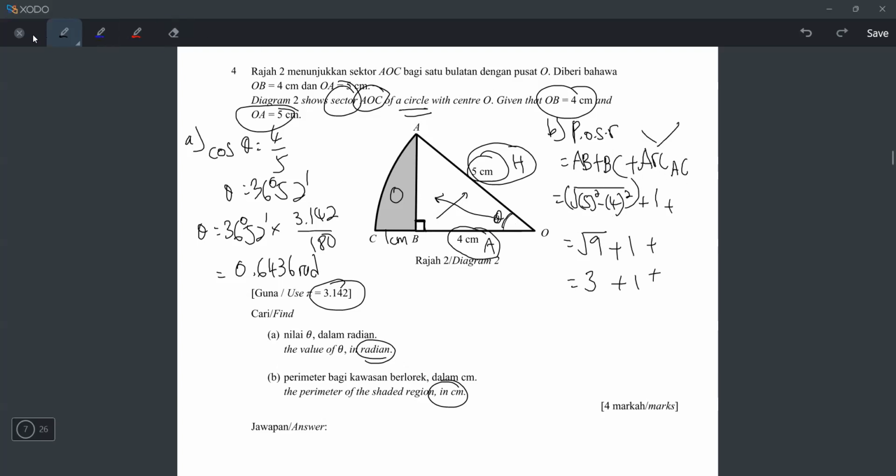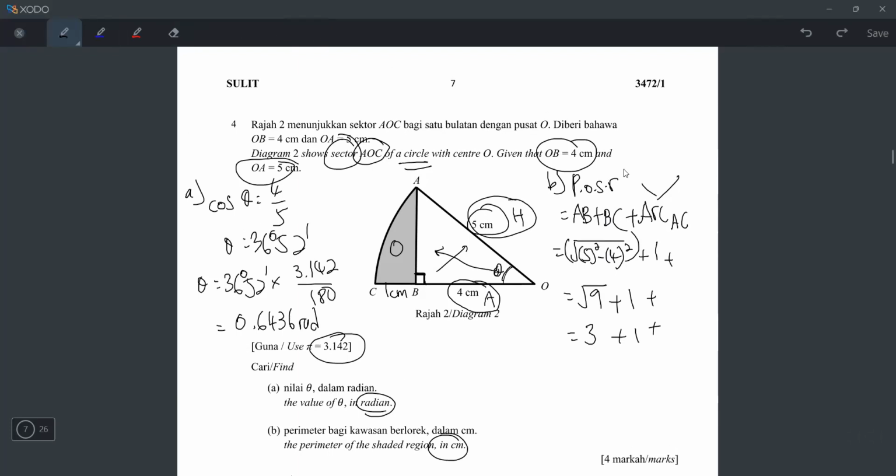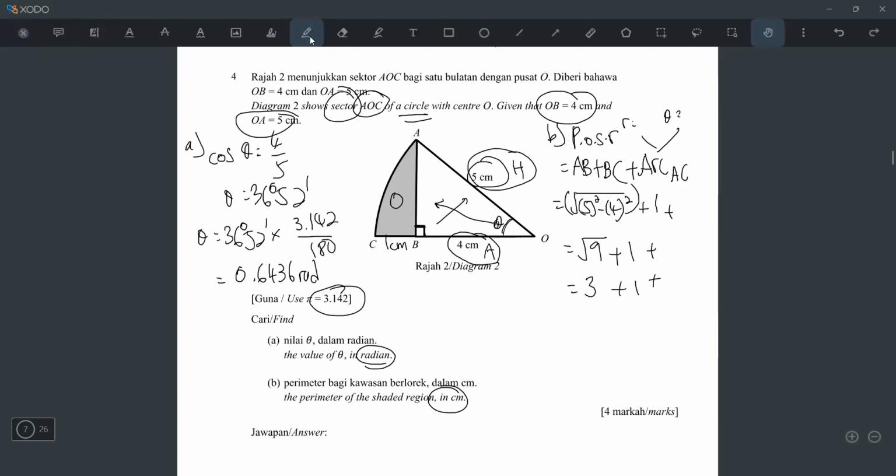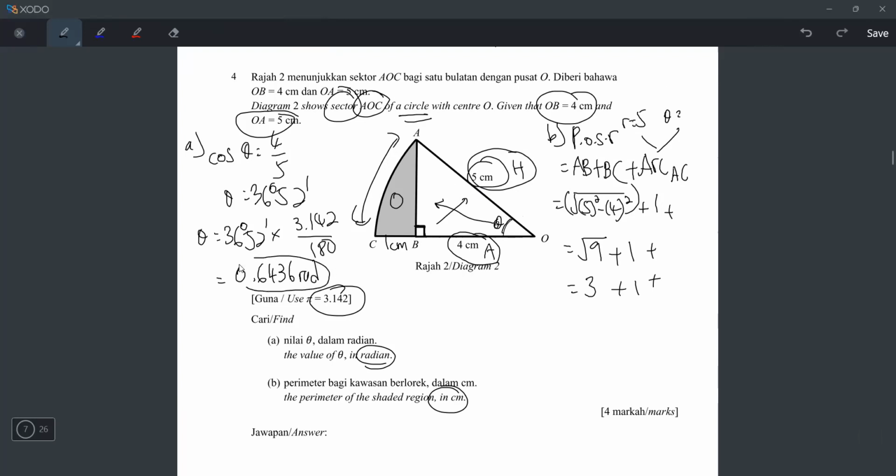We all know for the length of arc formula, we need 2 pieces of information, the radius and the angle in radian, because the length of arc formula is S equals r theta, right? So can I find the length of arc here? I need the radius and the theta. I know the radius is 5. Okay, not 4, it's 5. And the theta I also know already in radian is 0.6436. So why not I just take these 2 times together?